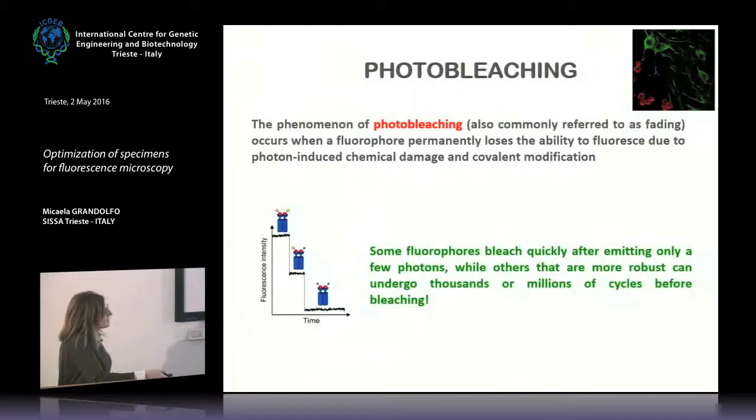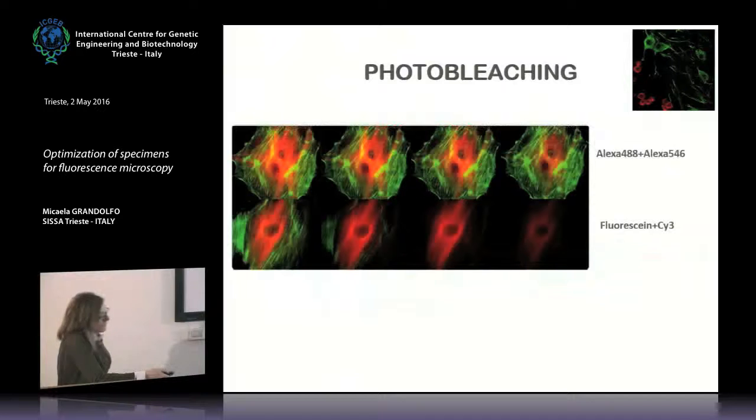But also in this case, it is really critical to choose the right fluorophore for your purpose, because there are fluorophores that bleach very quickly after few cycles of excitation, while others are more resistant, more robust, and can undergo thousands or even millions of cycles before bleaching. It is not easy to find this information on the net.